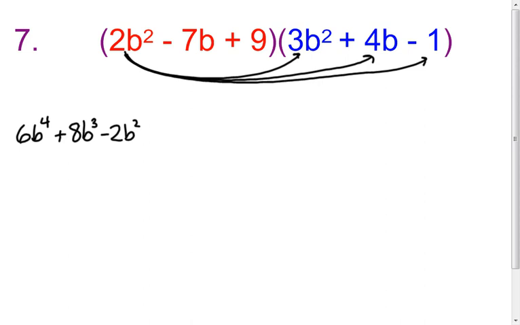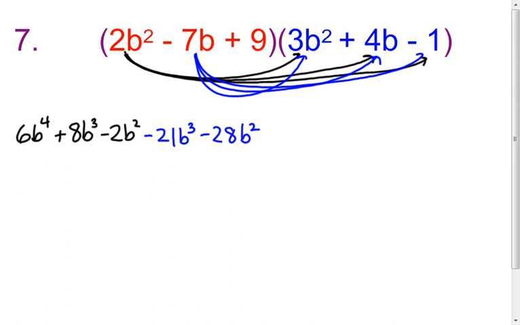So now I've done what I can with the 2b squared. I've sent it all the way through. And now I need to do negative 7b all the way through. So negative 7b times 3b squared is negative 21b to the third. Negative 7b times 4b is negative 28b squared.